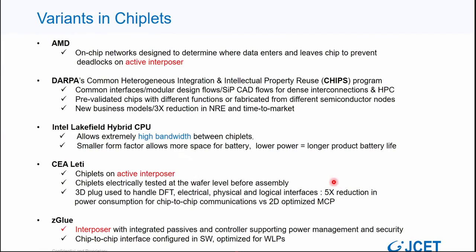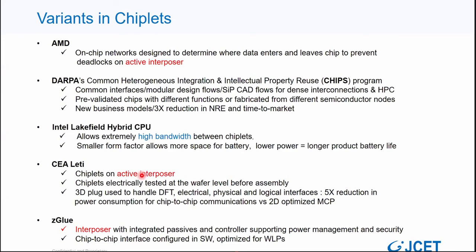From the Prismark industry research report, it shows that AMD's on-chip network design determines whether data center chiplets can prevent deadlock on the active interposer. So that part is also being worked on. Intel's Lakefield hybrid CPU uses high bandwidth with EMIB. Then LETI is working on the active interposer.